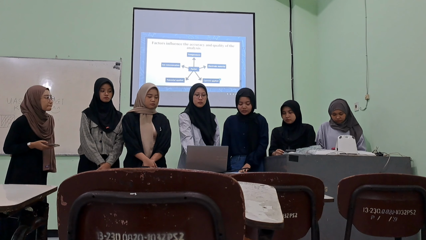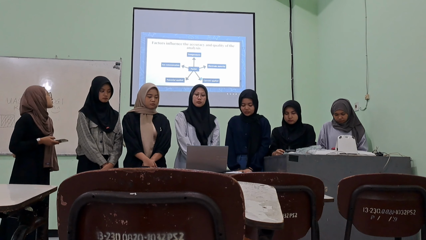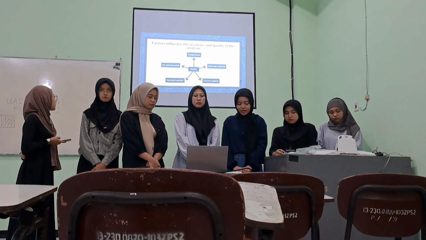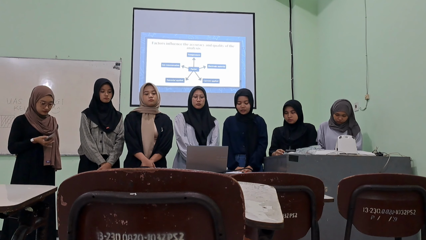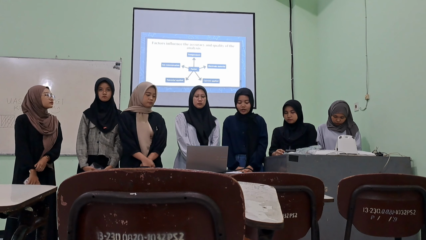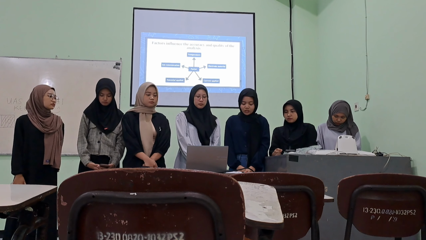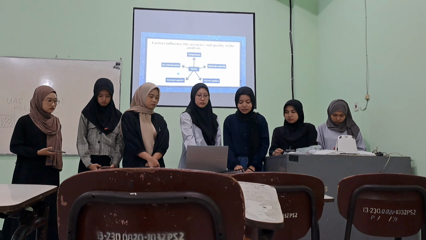Next is current applied. Current density. The density of the current applied during electrolysis is crucial. If the current density is too high, it can result in poor quality deposits such as powdery or flaky ones, while too low a current density may slow down the deposition process. Next is potential applied.